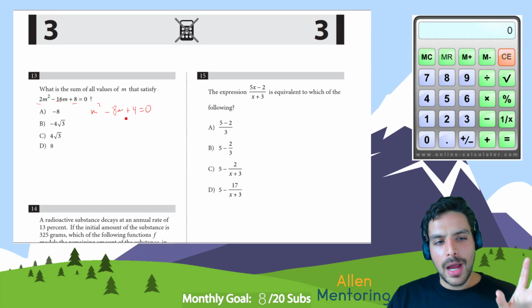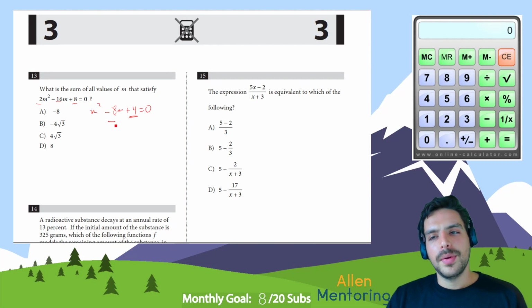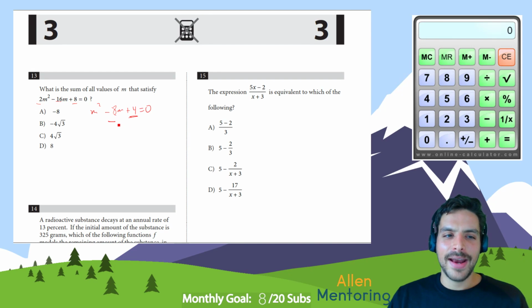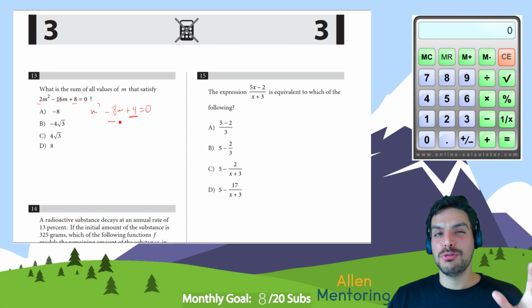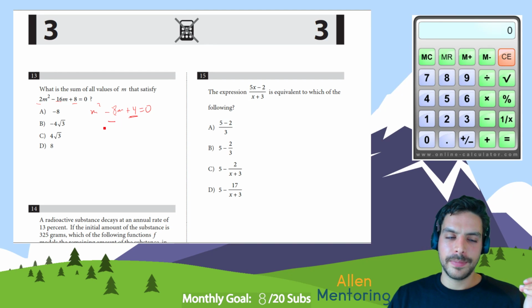So usually I would look for two numbers that multiply to this and add to this. But in our case, there's actually no two numbers that will multiply to equal 4 and add to equal -8. And so what that tells me is if you can't use regular factoring methods, you must use the quadratic formula. That's the only way that you'll be able to get the factors here.